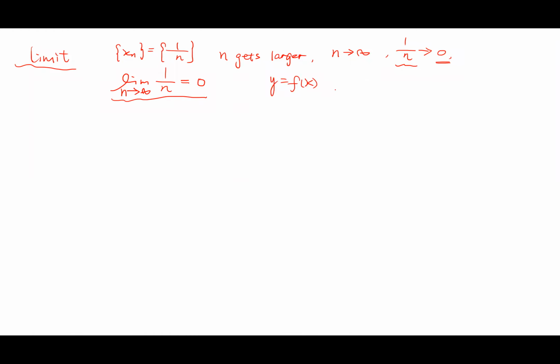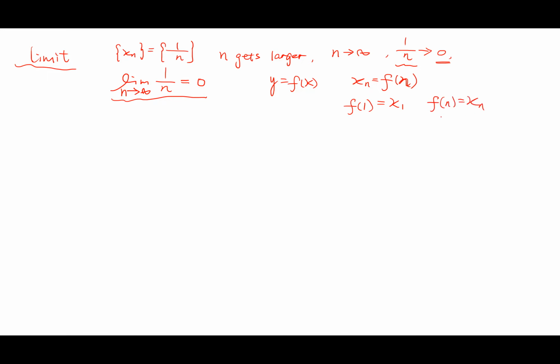So if we want to write the sequence as a type of function, mostly we write x_n equals f of n. That means f(1) equals x sub 1. And f(n) equals x sub n.